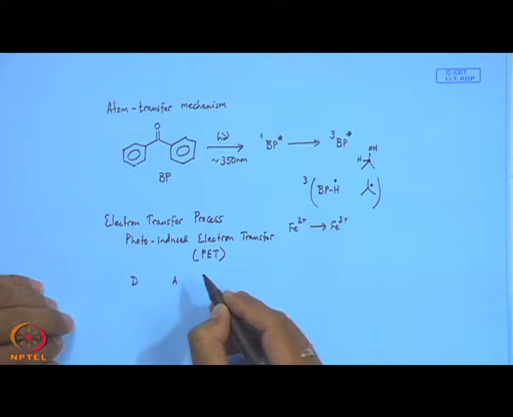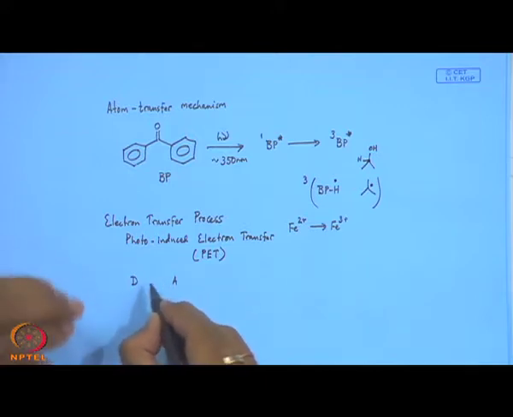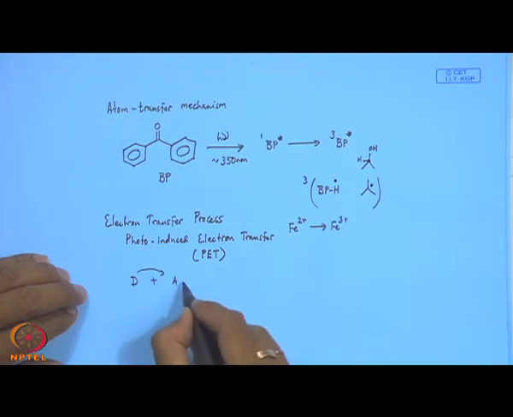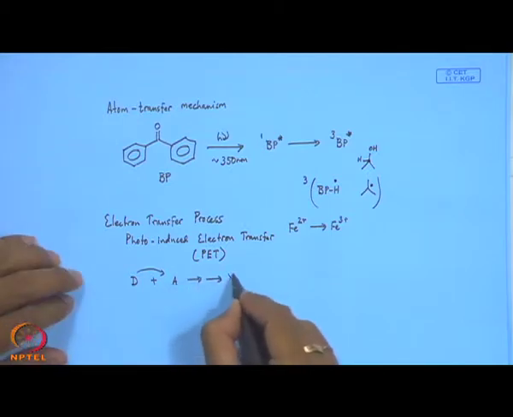That means, suppose you have a donor and an acceptor which do not generally interact with each other. There is no electron transfer between them; the donor gives out the electron to the acceptor. So, no reaction is taking place.